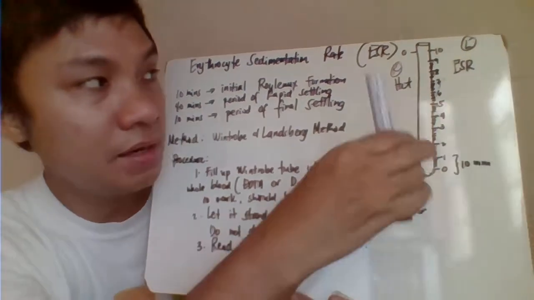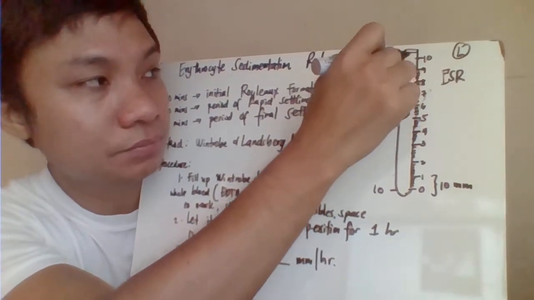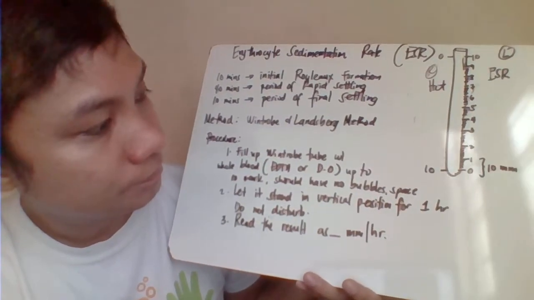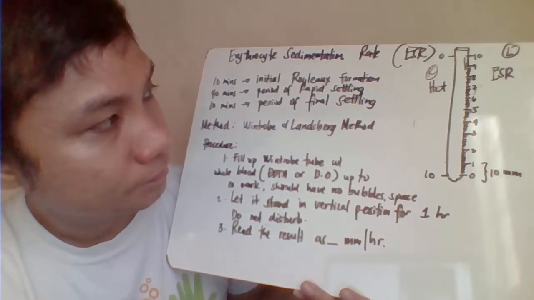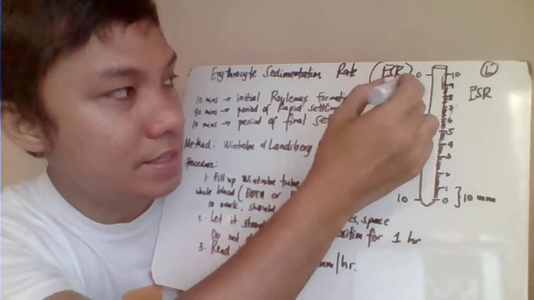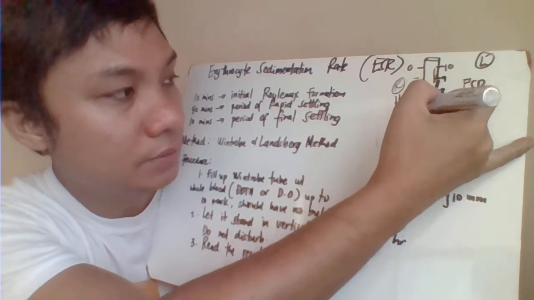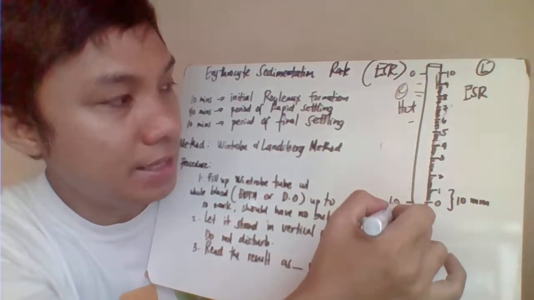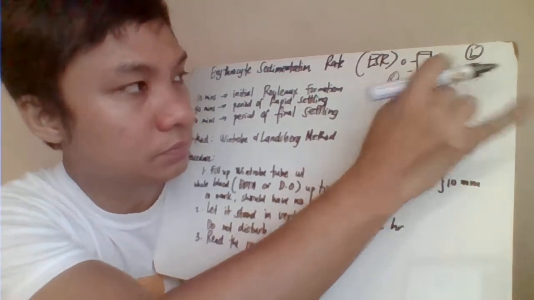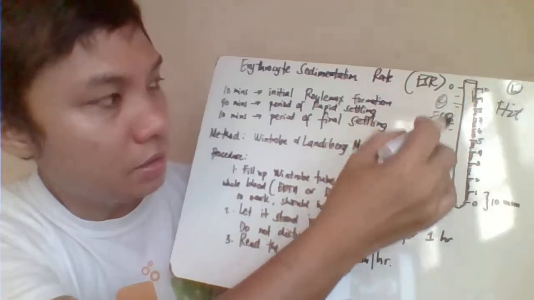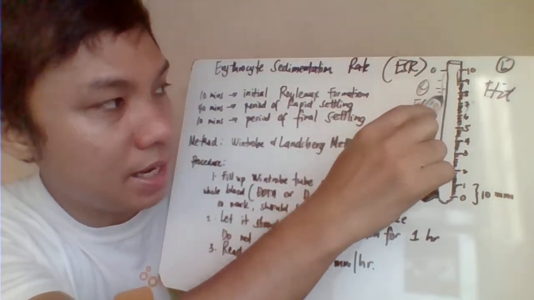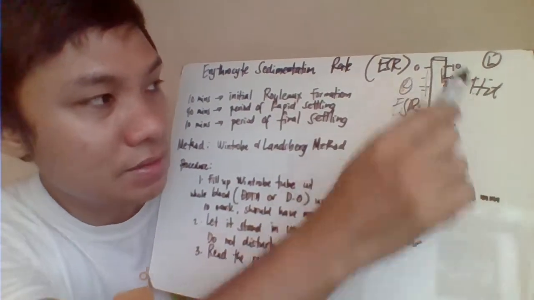Then after 1 hour, the cells will have gone down here. Wait, I made a mistake. The 0 to 10 is for the ESR, that's correct, because we read downward. Then the upward scale is your hematocrit.